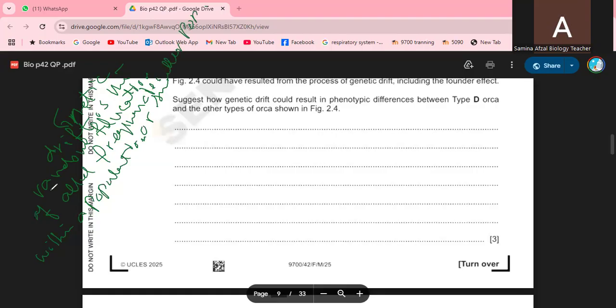And the founder effect is a specific type of genetic drift. Genetically, they get a little bit separated, so that occurs within a new population.